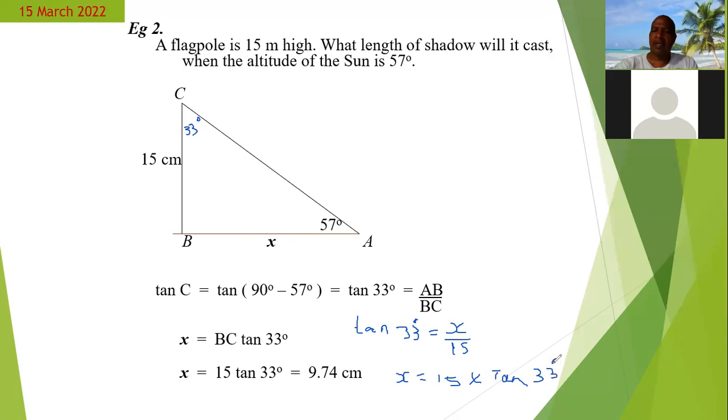And then you use your calculator, find the tan of 33, and then you multiply that by 15. And so your answer would be 9.74 as before. All right. So whichever way you choose to write this question, you would arrive at the same answer. All right, guys, moving along.